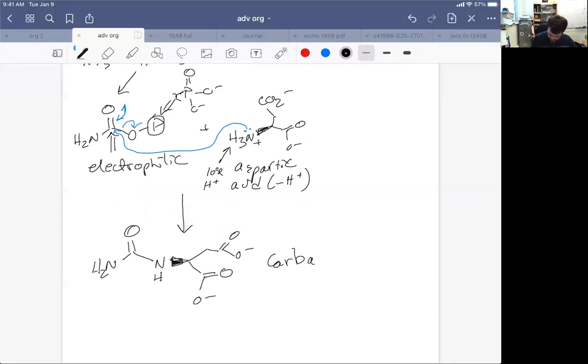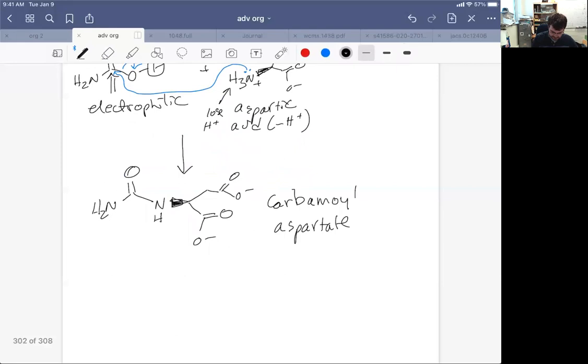And this is called carbamyl aspartate. So that's not a name I obviously will ask you to memorize, but hopefully it doesn't make too little sense. Okay, so now we do a super cool step, and I'll talk about this in some detail. We're going to connect this atom with this atom, and we're going to lose water.